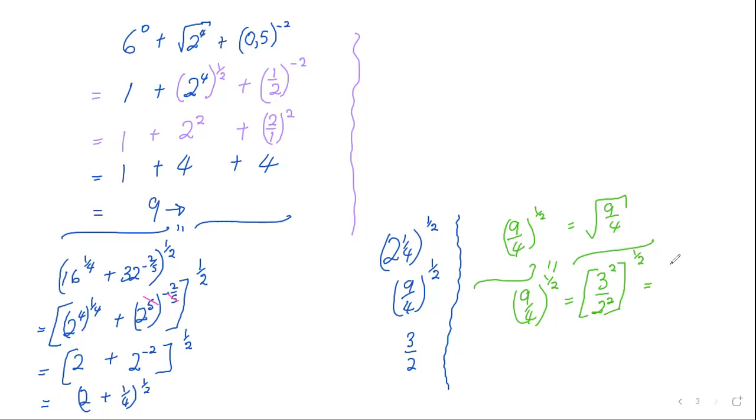Now, this is a common exponent. Two multiplied by half is a 1. This is a number and its reciprocal. That becomes 3/2 to the power of 1. That remains 3/2.